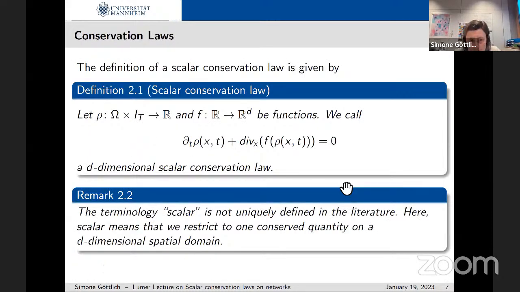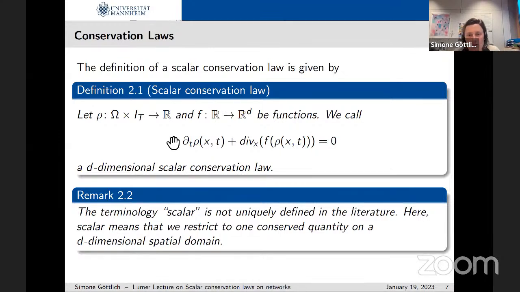First of all, as I told you, we are only concerned with one conservation law on each edge. That's why we restrict to this case of scalar conservation laws. We say that we have some rho given by this mapping here and some f, and these two are functions, and we call this equation here a d-dimensional scalar conservation law.